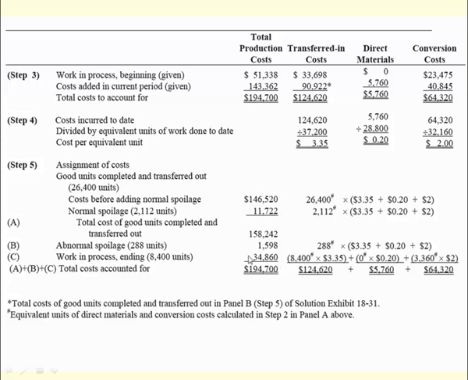Summation of all costs equals 194,700. This is the total costs accounted for, which equals total cost to account for 194,700.